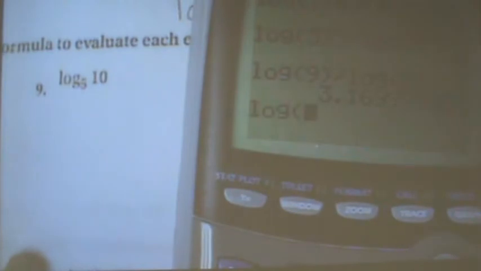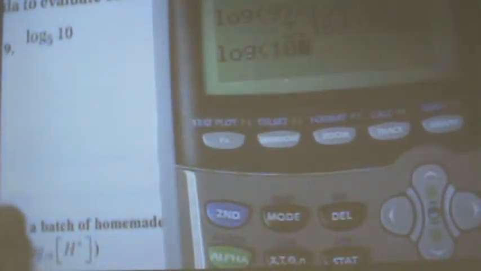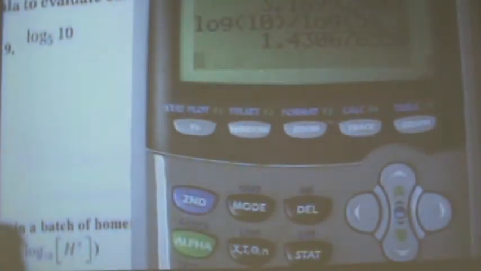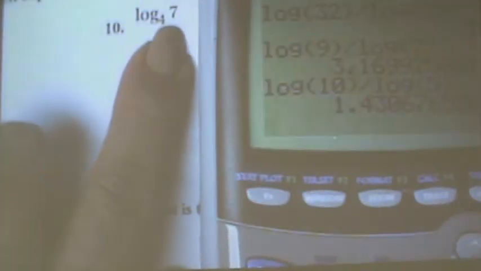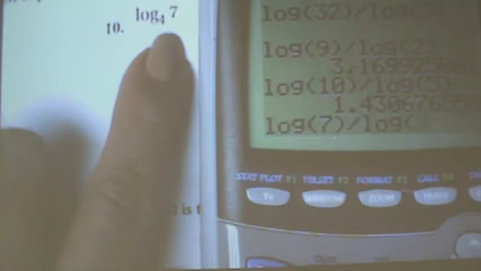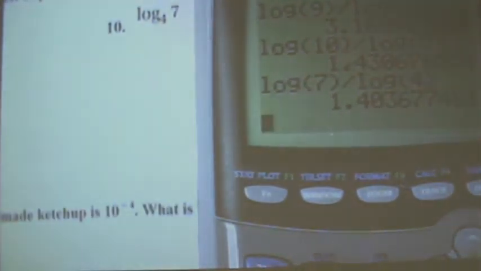Next one. Using the old calculator, log of 10 divided by the log of 5. And the answer is 1.43. And the last one, the log of 7 divided by the log of 4. And that answer is 1.4, same answer.